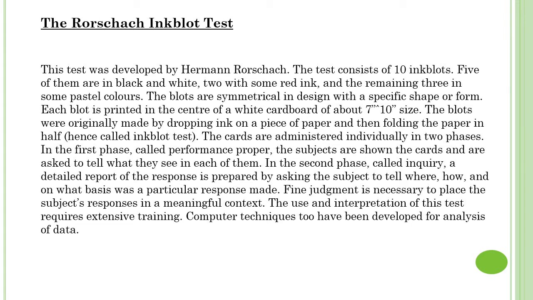Okay, so that means a detailed report of the response is prepared by asking the subject regarding all these factors, like where, how, and on what basis was a particular response made. And if they have seen something, through which means or in which position they are saying, it is upward position or downward position, left side, right side, everything is being asked. That is why the second phase is the enquiry phase.